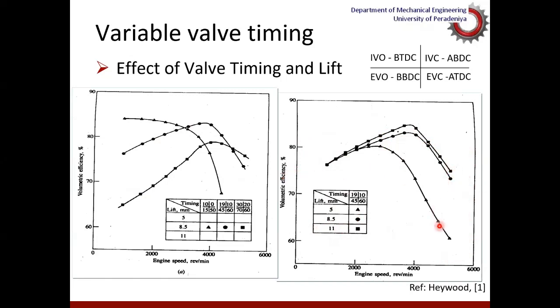At this small lift condition, the volumetric efficiency drops significantly at high speeds compared to the high valve lifts. Therefore, it is obvious that the volumetric efficiency is highly dependent on inlet valve open and closing timing, as well as the speed of the engine.